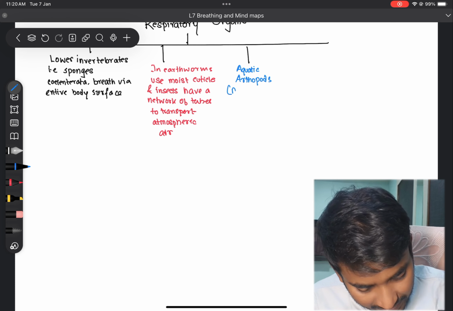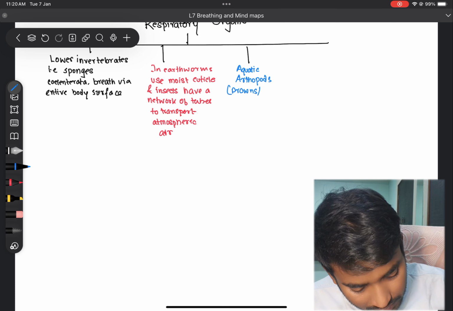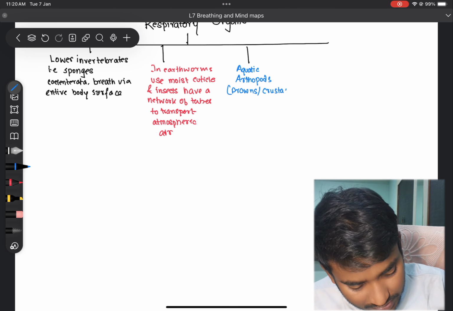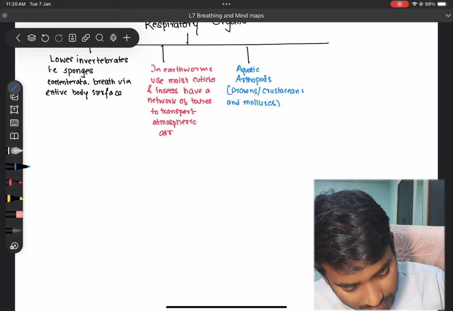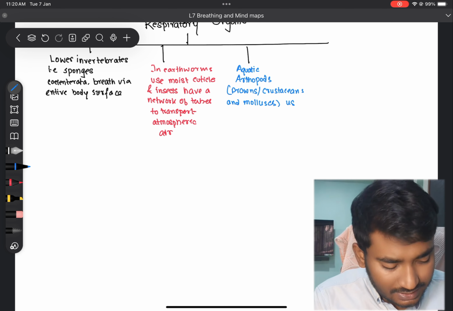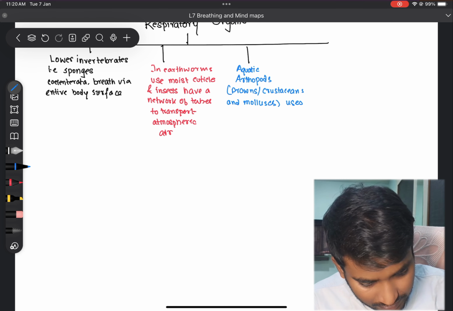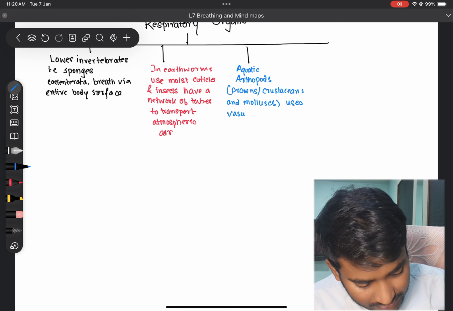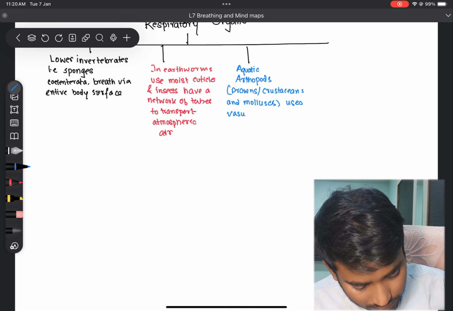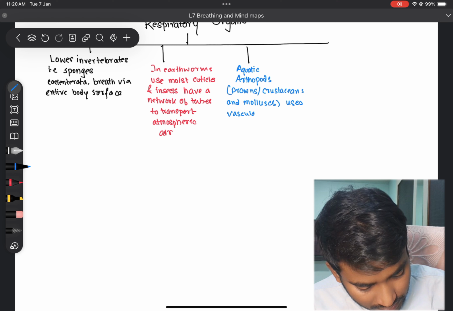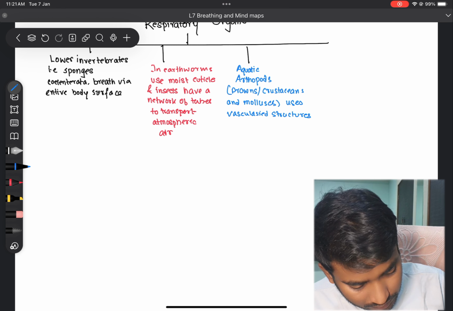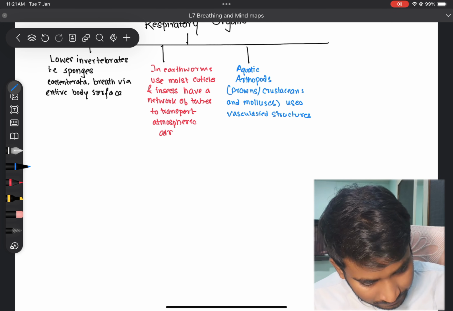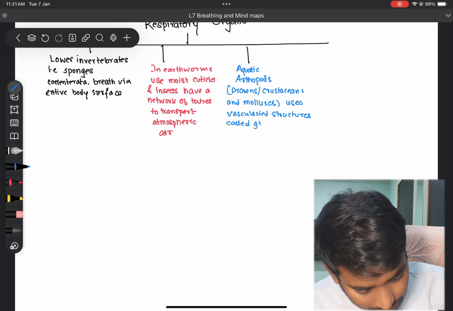Aquatic arthropods, like prawns and crustaceans, and mollusks, use vascularized structures called gills. What do we call vascularized structures?